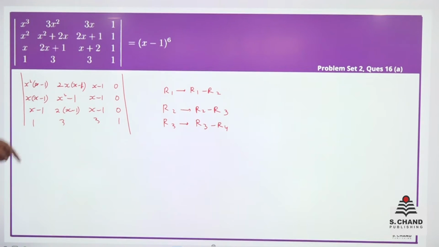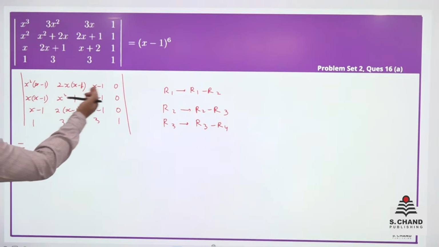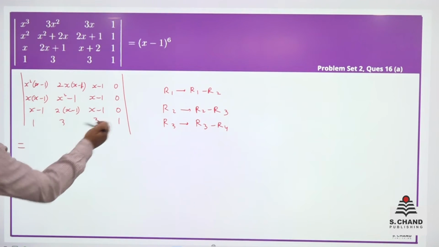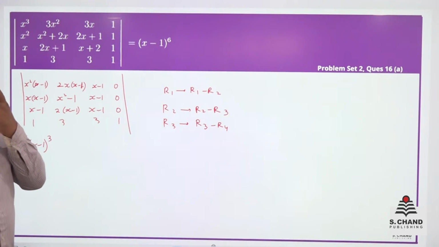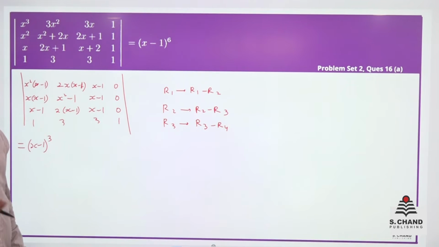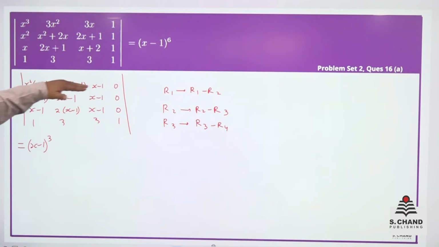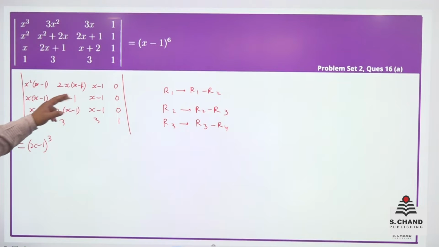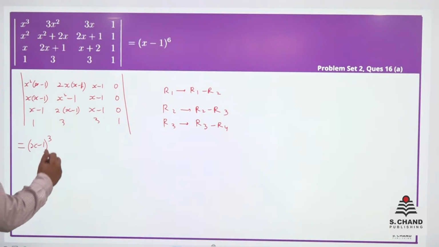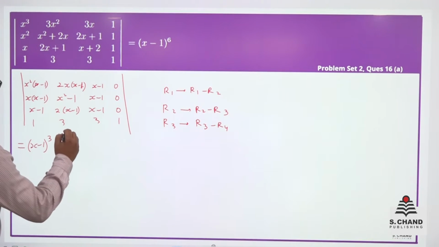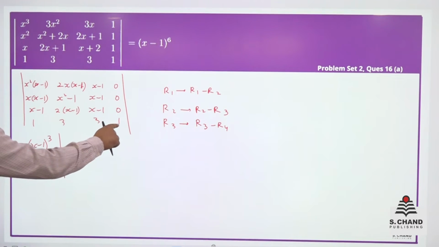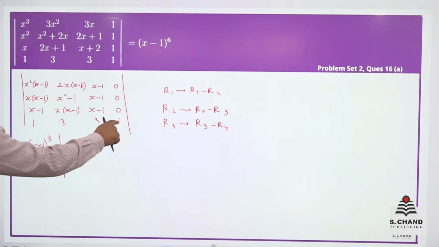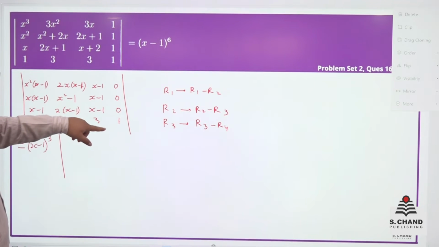Now you can take x minus 1 common from the first row, second row, third row. So this will become x minus 1 to the power 3. Because a scalar when taken out of a particular row, it comes out of the determinant. So from the first row this scalar x minus 1 is taken, from second row and third row. And then we have 0, 0, 0 here. So if we expand about this fourth row, fourth column element 1, because all others are 0 basically here.